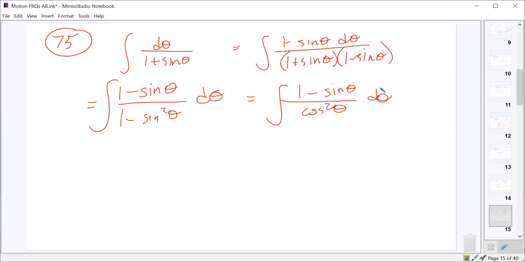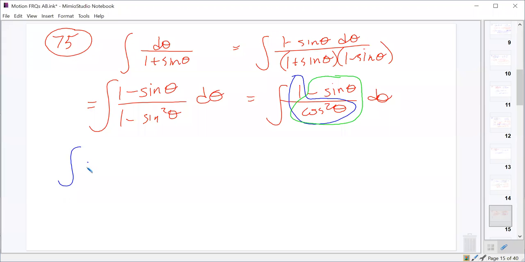There's a power reducing formula for cosine squared. It's 1/2 of 1 plus cosine 2 theta, but I don't think that's going to help us here. We're going to, once again, separate this into 2 different integrals.